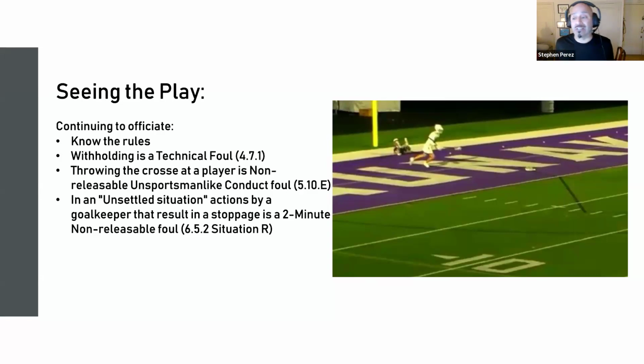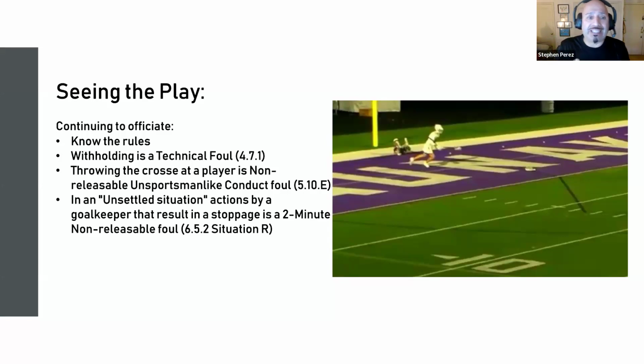in an unsettled situation. Now, in the description, it says unsettled, so there's a lot of judgment there. And it also talks about intentionally doing things, but it says intentionally breaks the stick.